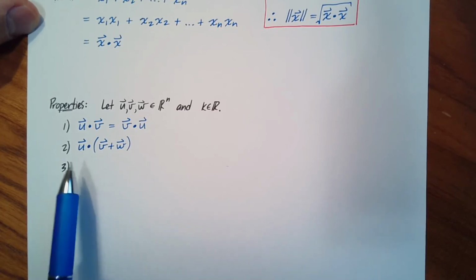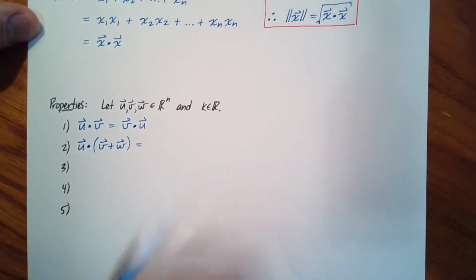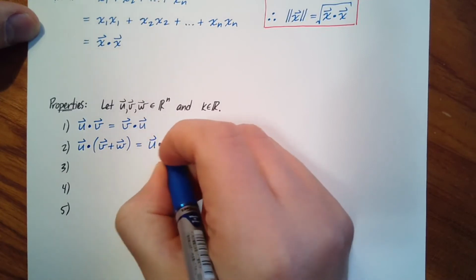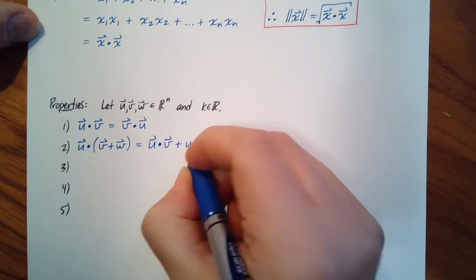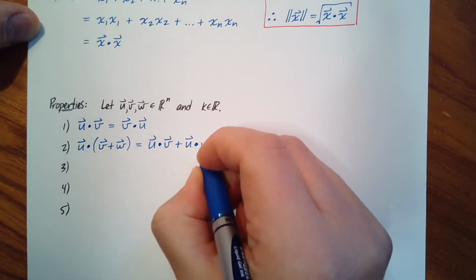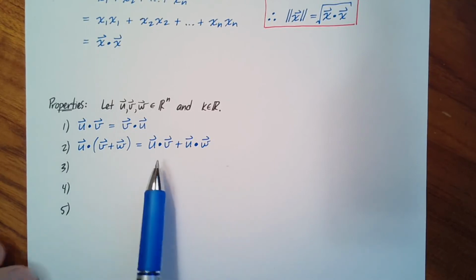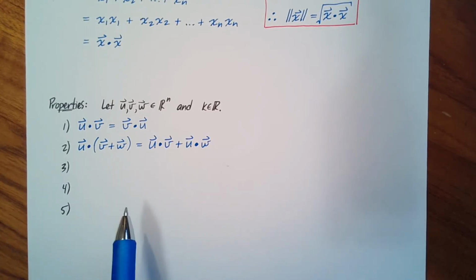That's what this means. Now it turns out you can distribute this into the brackets and you'll get u dot v plus u dot w. That's how I write it, but really what it should say is the dot product of u and v added to the dot product of u and w. So that's our second property.